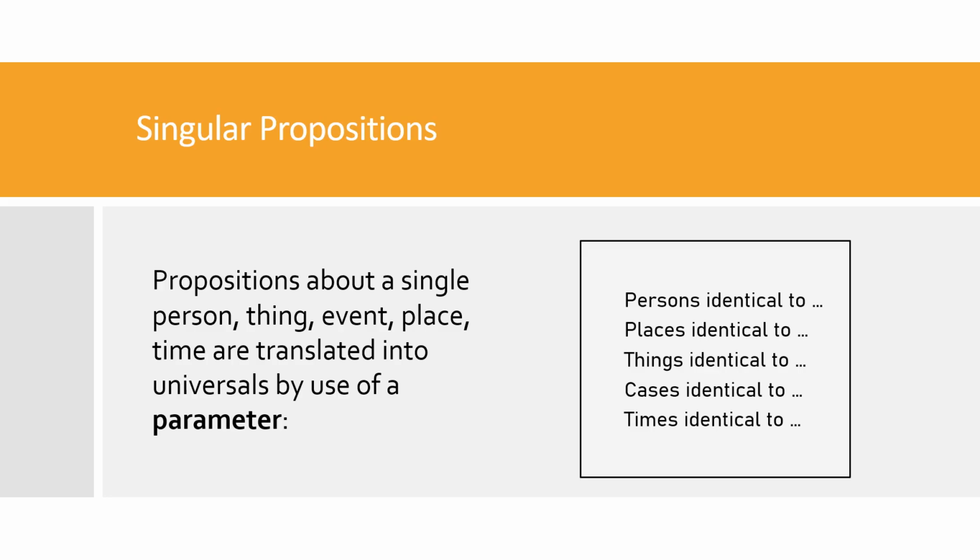And notice what this does is it takes that individual single table out there and it creates a class or category by itself by simply sticking this parameter in front of it. Things identical to this table, and then notice it has to be universal because there's only one of them, and I mean every last one of it. So notice, taking something like this table is brown, I would have to translate this into all things identical to this table are things that are brown.